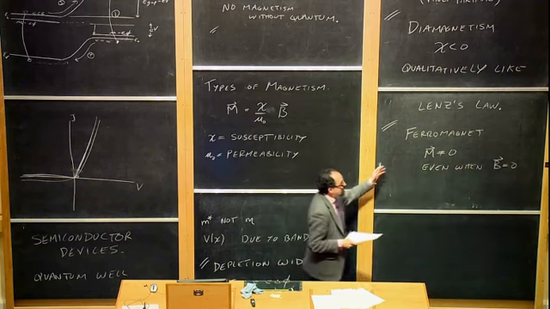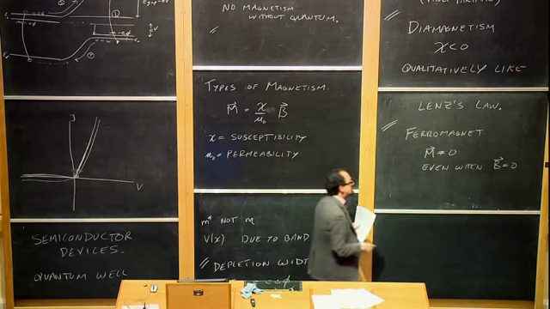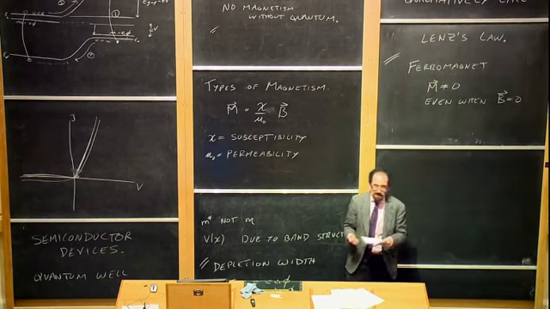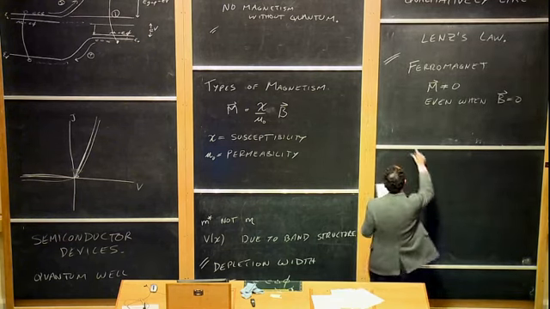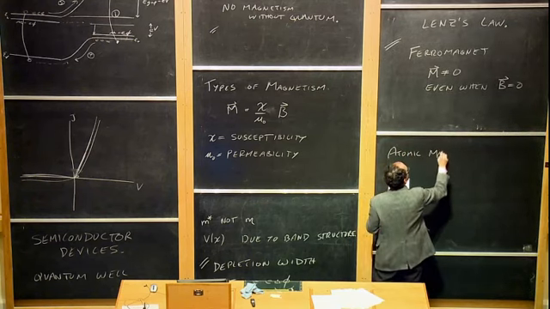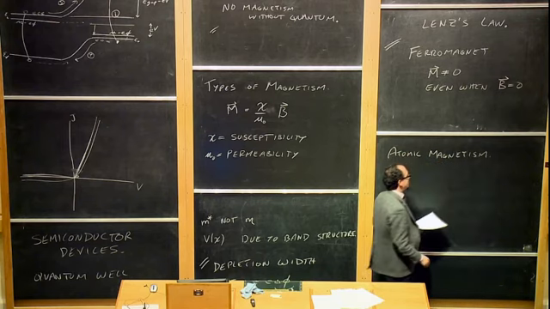This is the thing that we usually think of as a magnet when we think about magnets. So a good place to start our study of magnetism is one atom at a time. So we'll start with atomic magnetism, and we'll build up to the magnetism of real materials.